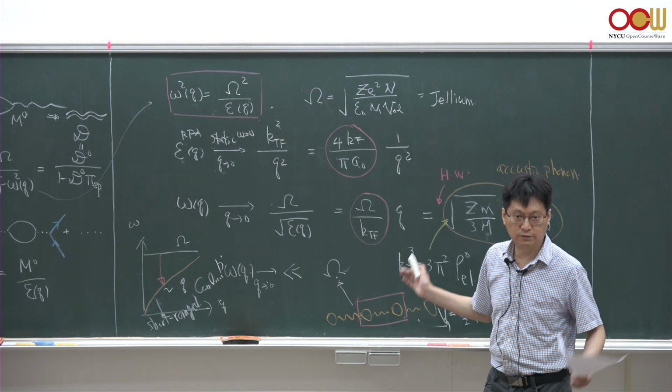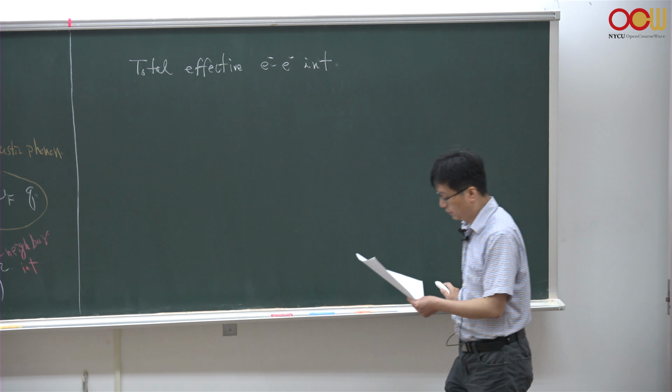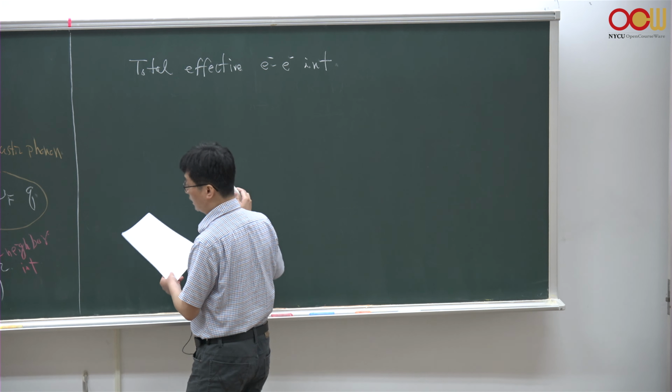You could sum up the total effective electron-electron interactions by combining both the Coulomb interaction and the electron-electron interaction mediated by electron-phonon coupling. As I mentioned last time, the electron-phonon mediated electron-electron interaction can go negative, can go attractive, and the magnitude of the attraction really overcompensates the magnitude of repulsion.